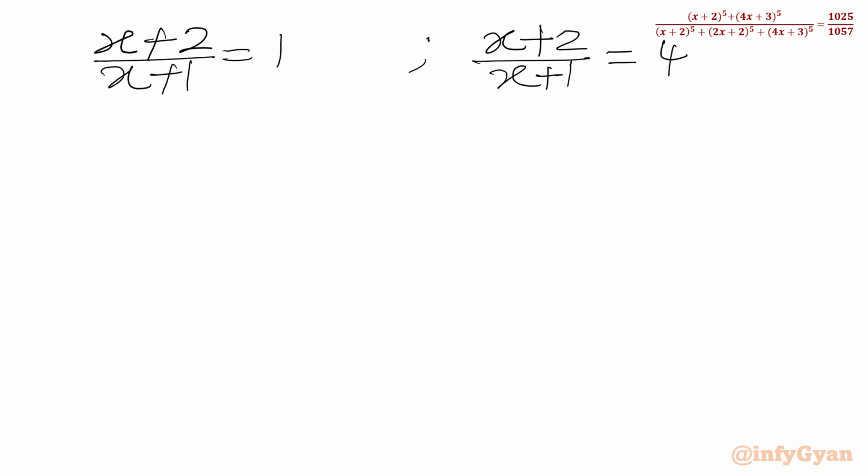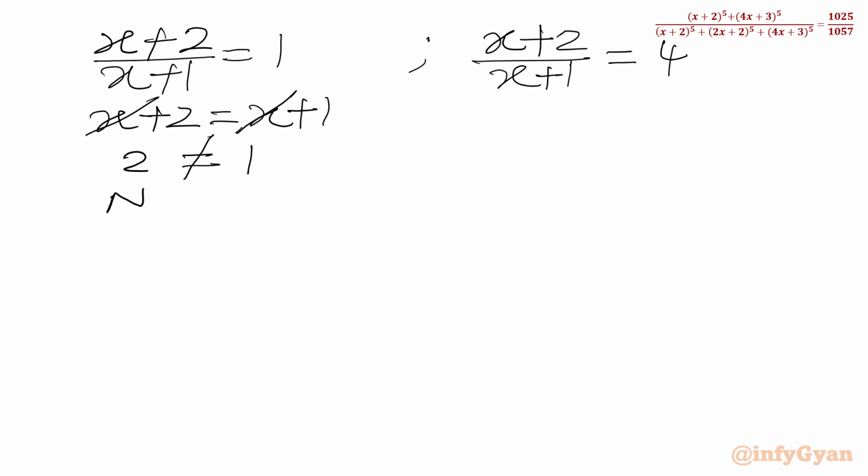We will cross multiply as x cannot be negative 1. So x plus 2 equal to x plus 1. Now x and x will be cancelled out. 2 equal to 1, which is incorrect, which cannot provide a solution. So I will write no solutions.